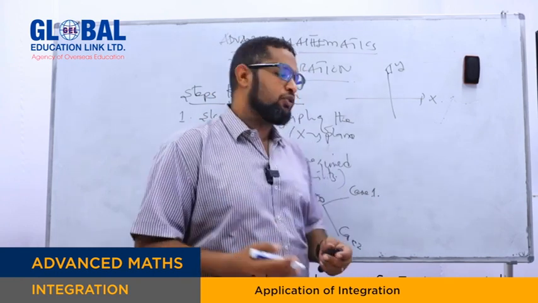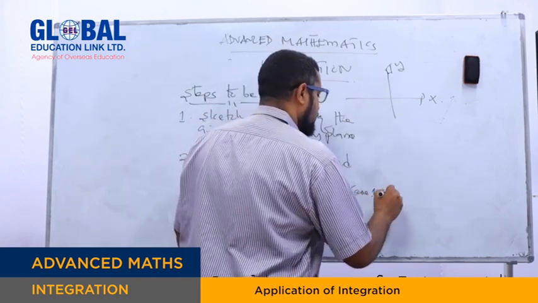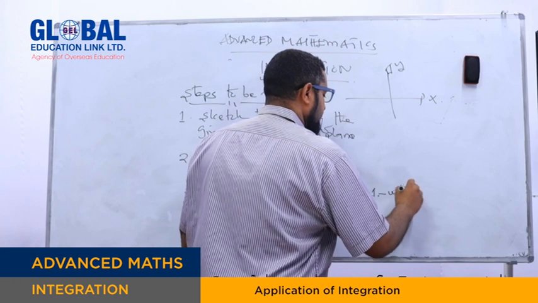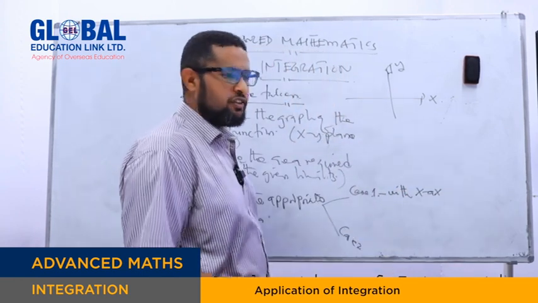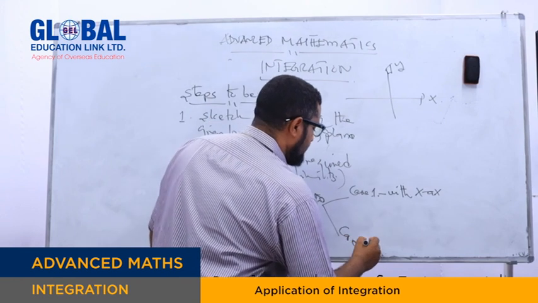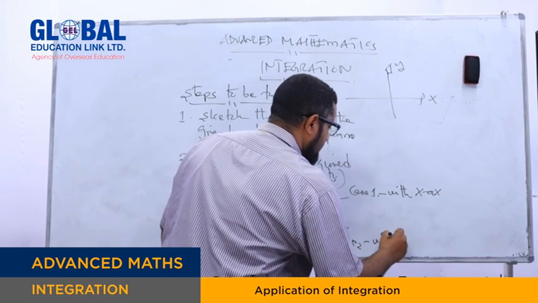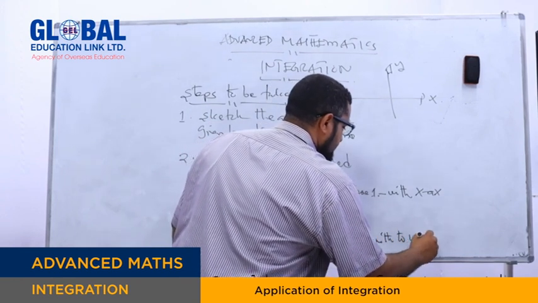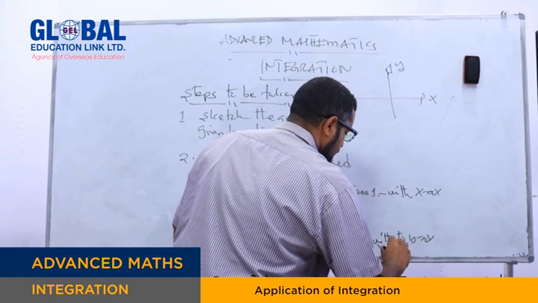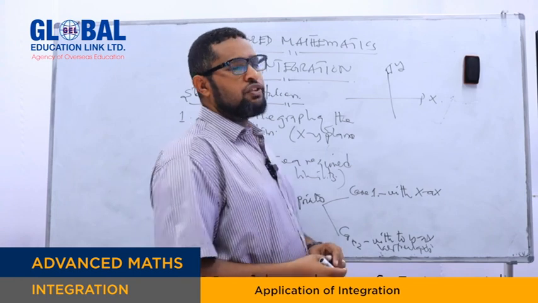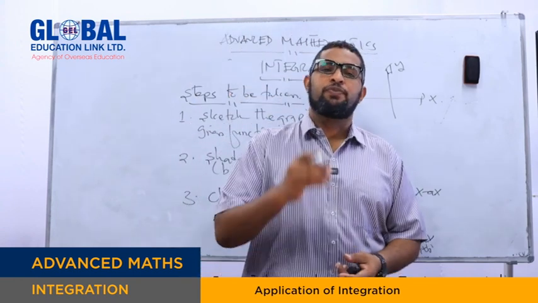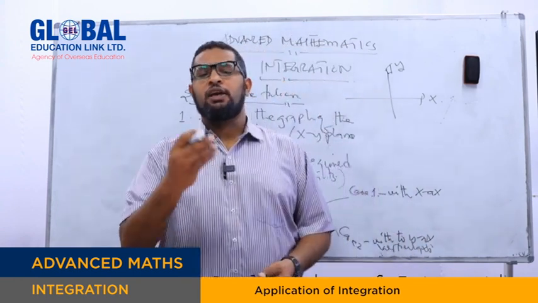Remember, case 1 is when the curve is drawn with respect to the x-axis or horizontal axis. Case 2 is when it's drawn with respect to the y-axis or vertical axis. Those are the key steps that you are supposed to undertake when you are finding area under a curve.